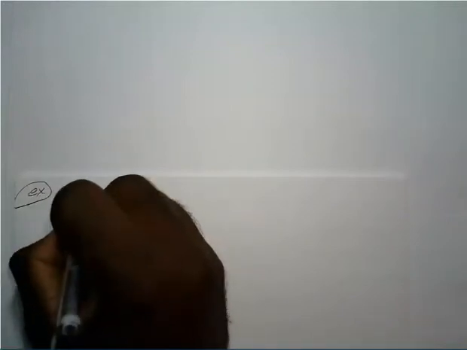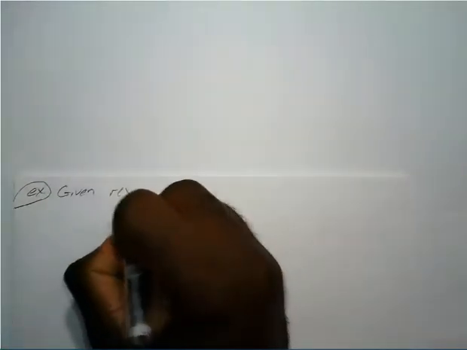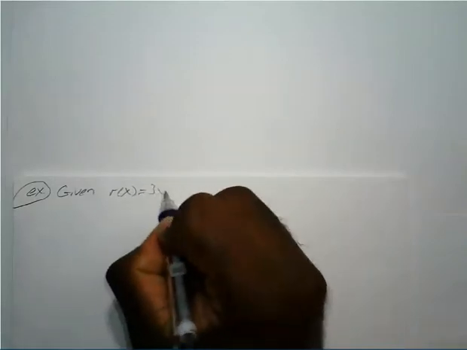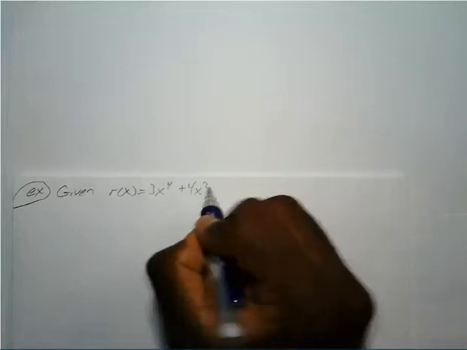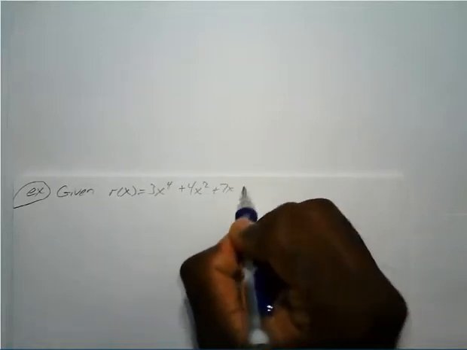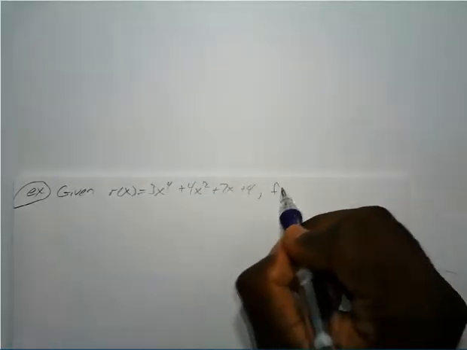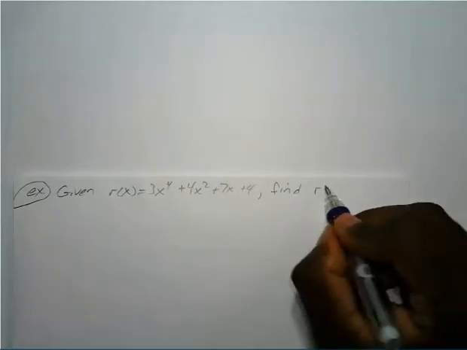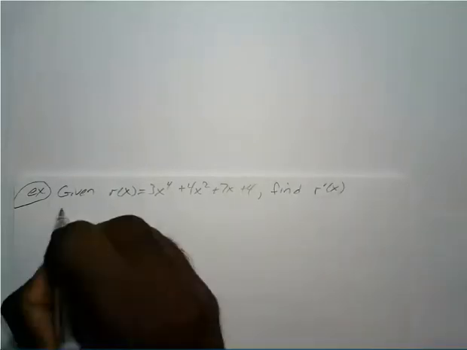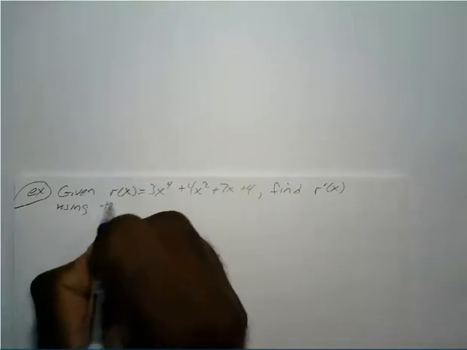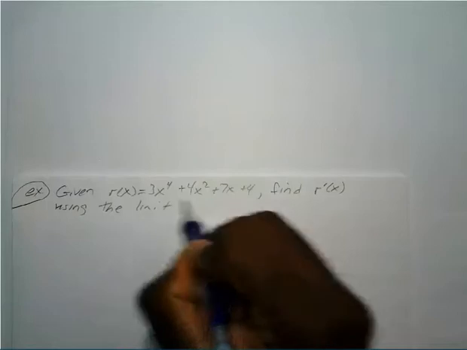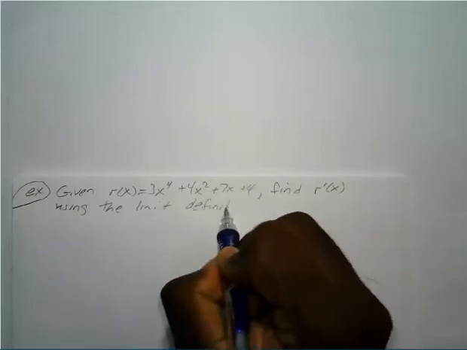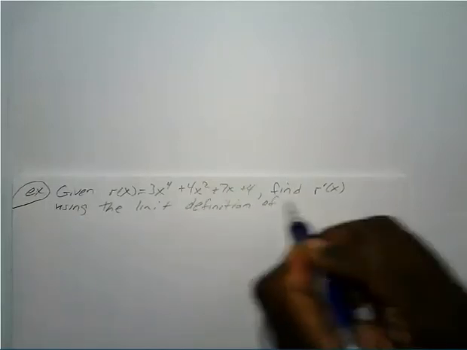So what if it's given that r of x is equal to 3x to the 4th power plus 4x squared plus 7x plus 4. We want to find r prime of x using the limit definition of a derivative.